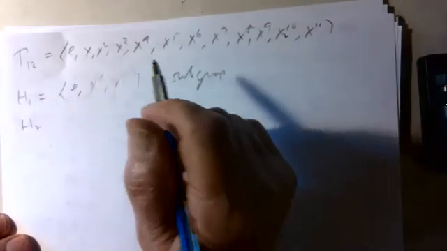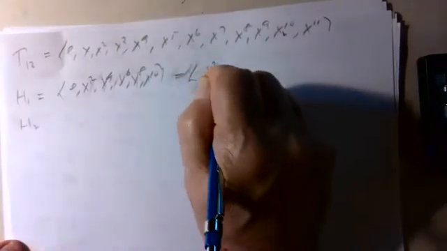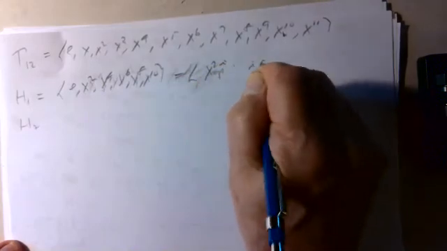Let's take the subgroup generated by X squared. So E, X squared, X to the fourth, X to the sixth, X to the eighth, X to the 10th. So these are the powers of X squared. So this is X to the 2i, i going from 0, 1, 2, 3, 4, 5.